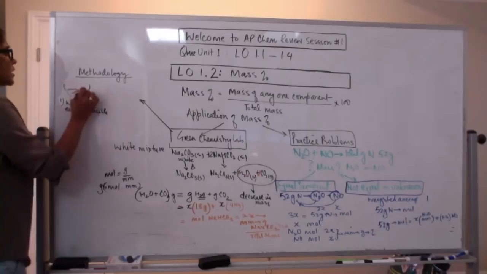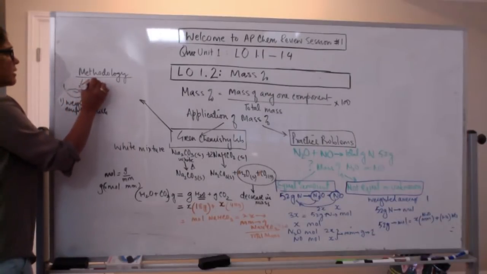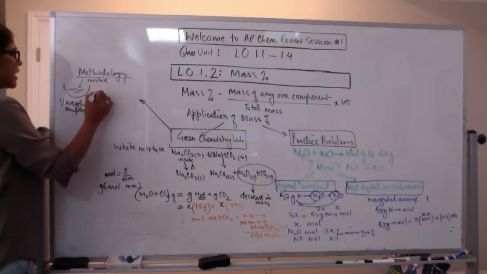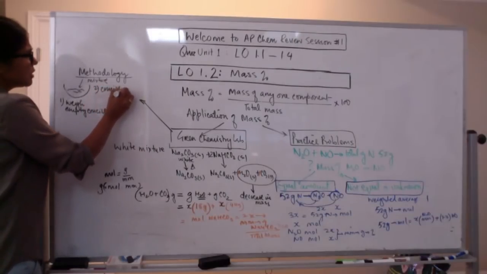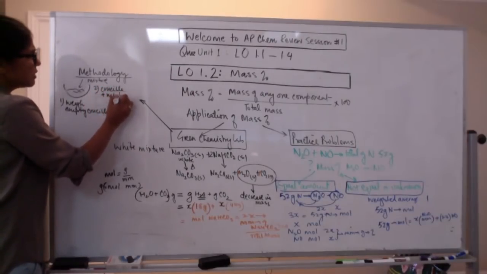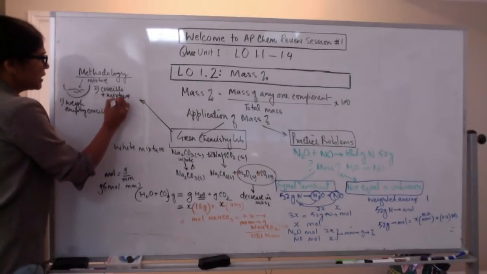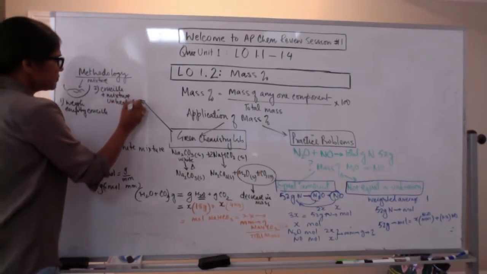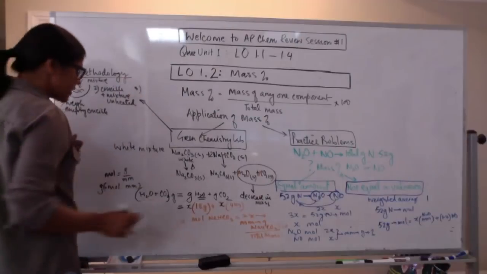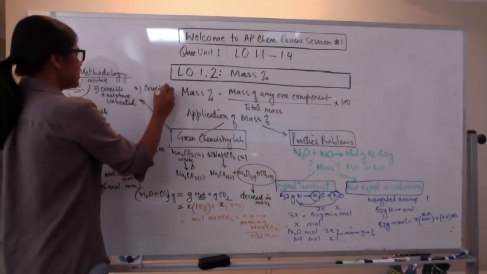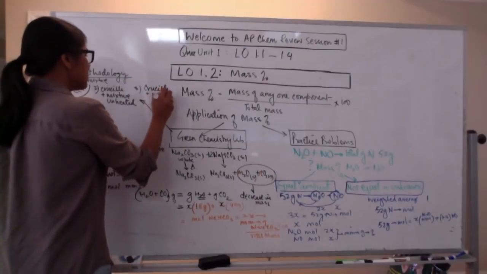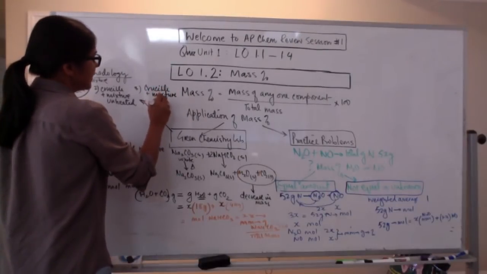Now what you do is you put the mixture in there and you take your second reading: crucible plus mixture, unheated. Then your third reading would be crucible plus mixture heated.